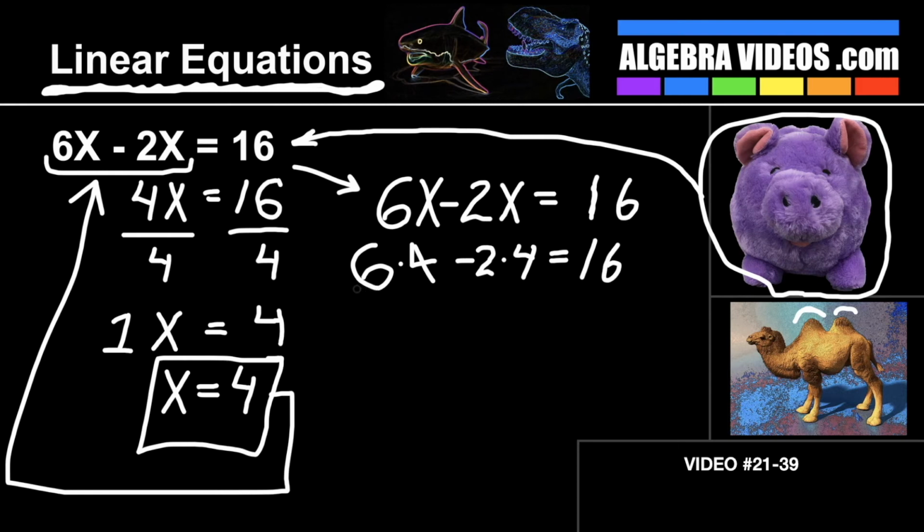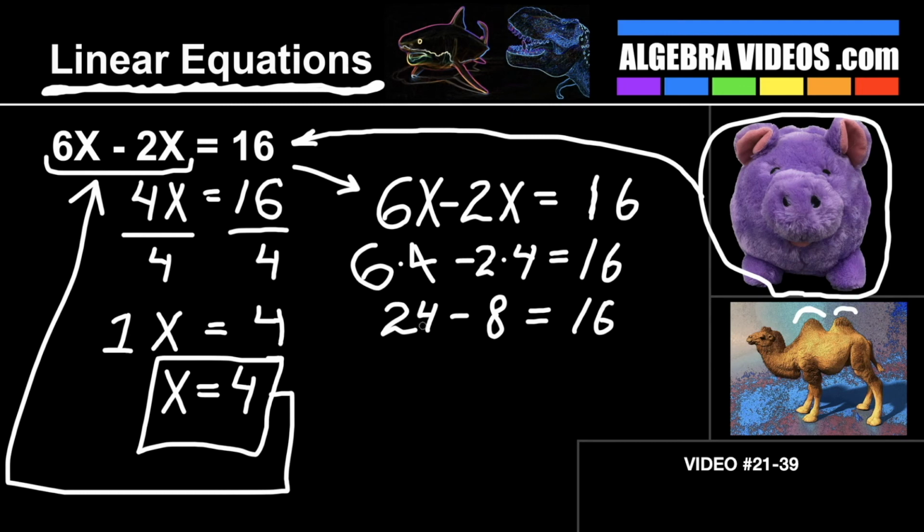So let's continue simplifying over here. 6 times 4, that is 24. Always will be. Minus 2 times 4 is 8. And that's true in any language. And that equals 16. Just rewriting 16.